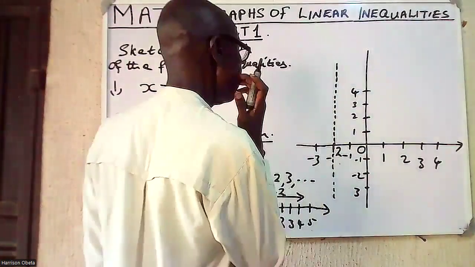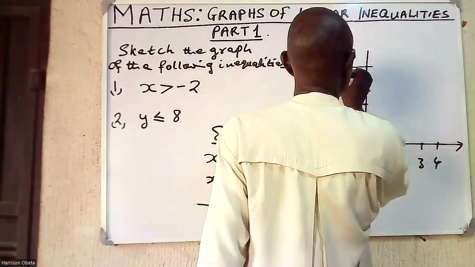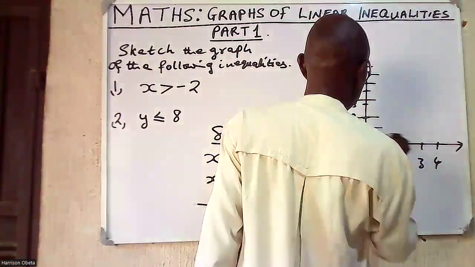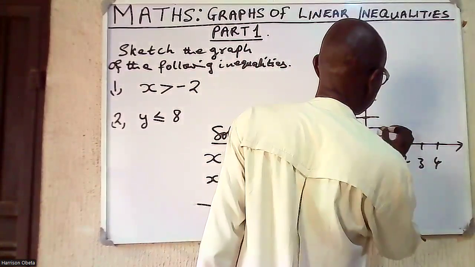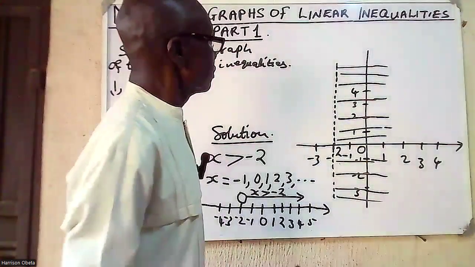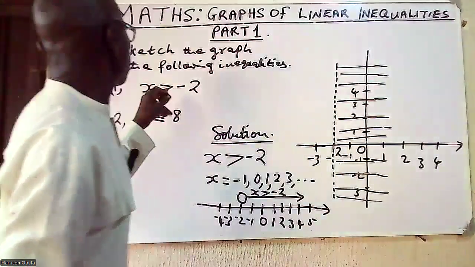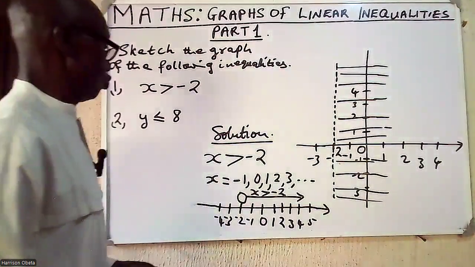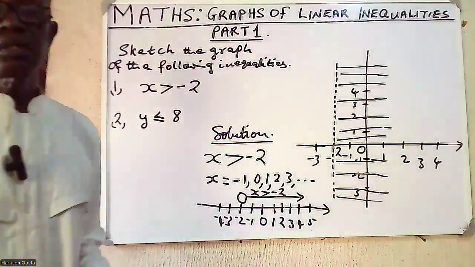And where do we have the values greater than -2? It is this side. So this is the region containing values x is greater than -2. So that is about question number 1.